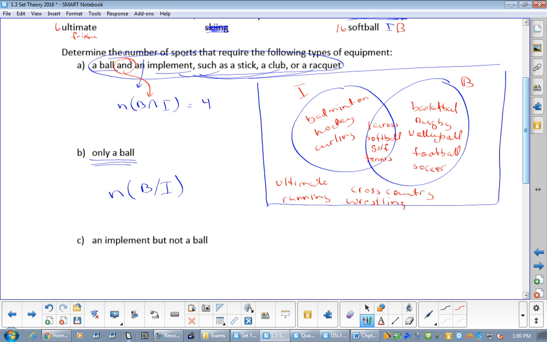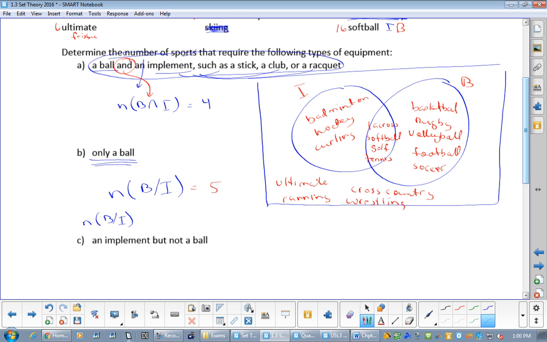Does that make sense? This means ball, not implement. Okay, how many? 5. Now, does this formula make sense? N, B, because they could throw this at you. They'll ask you, is this true?